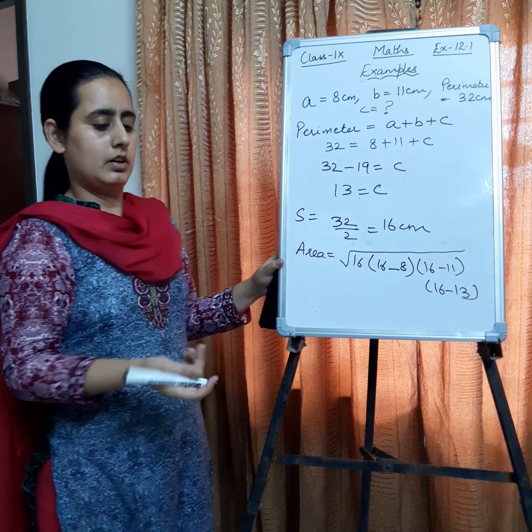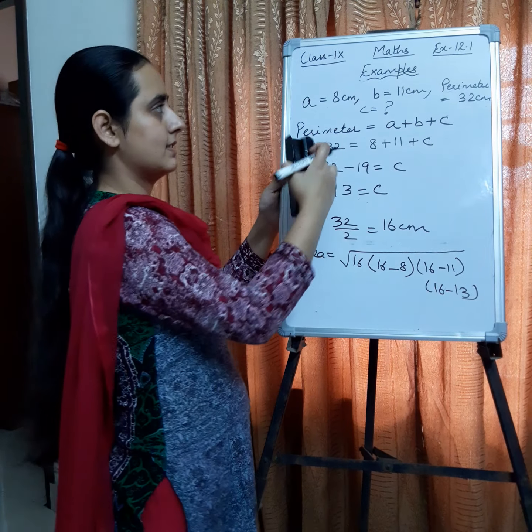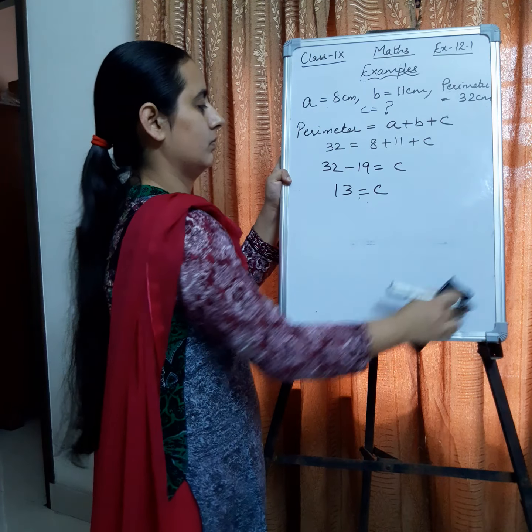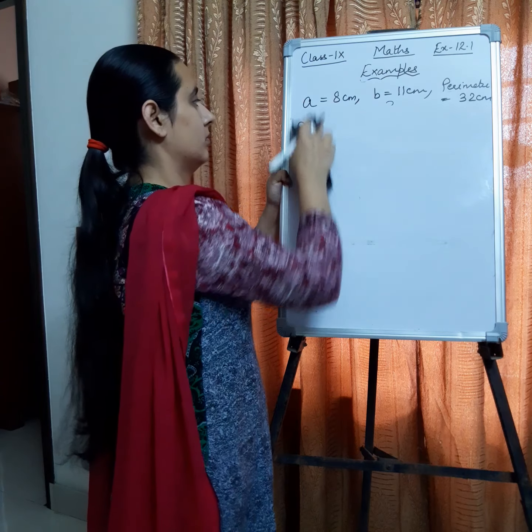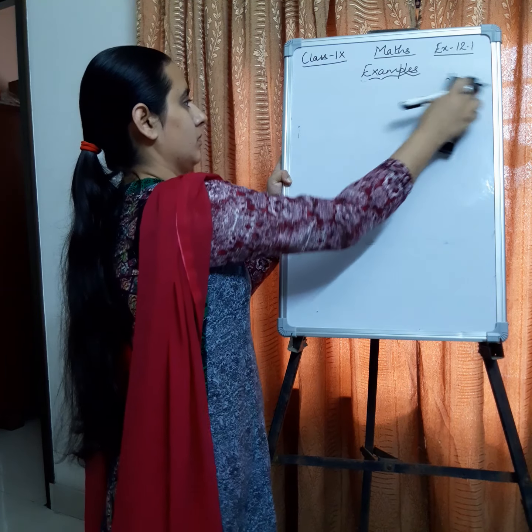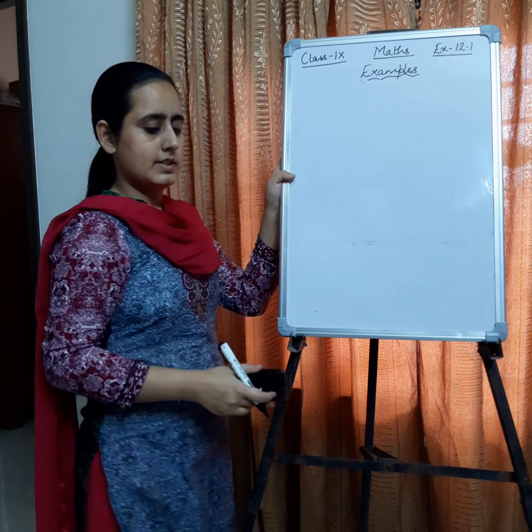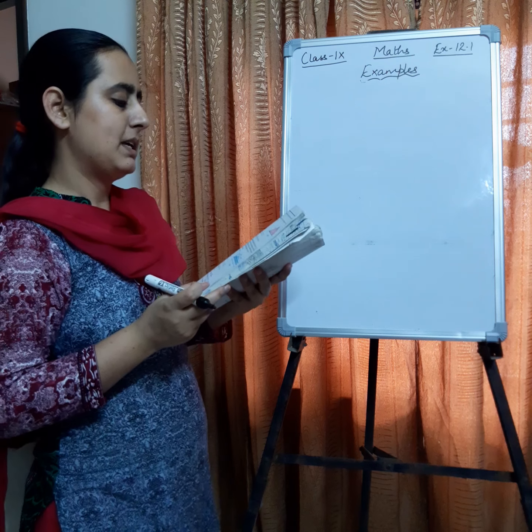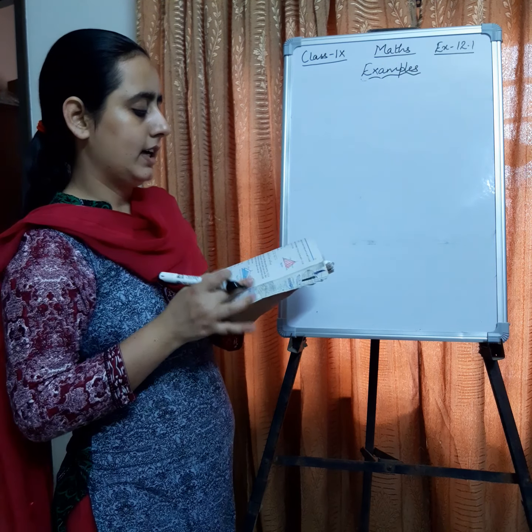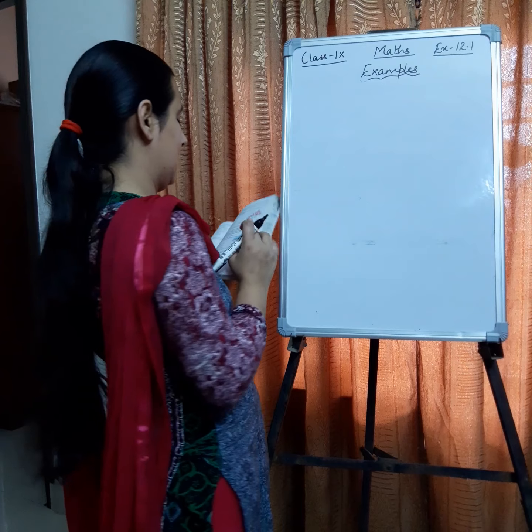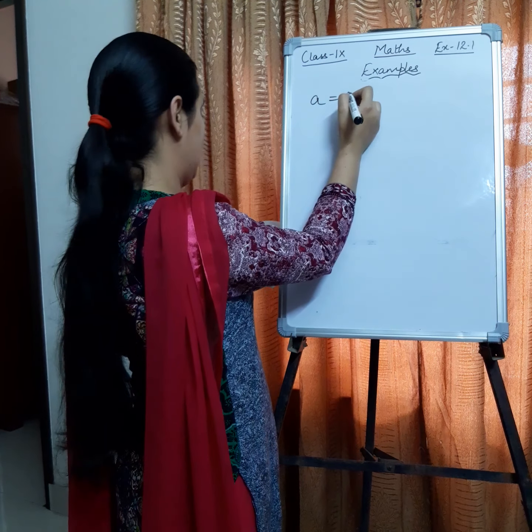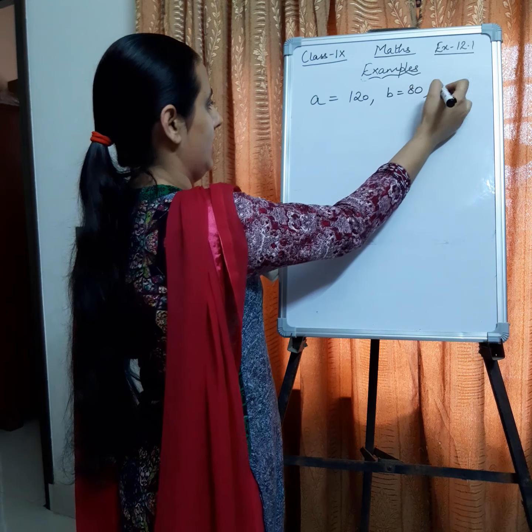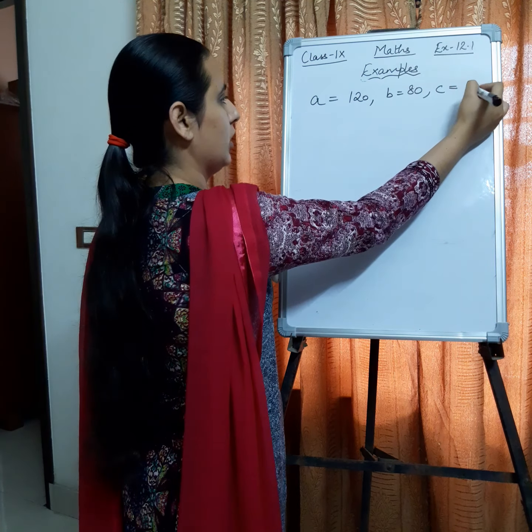Now I am going to discuss the last example for exercise 12.1. The question says, a triangular path ABC has sides 120, 80 and 50 meter as shown. That means A is 120, B is 80 and C is 50, all in meters.